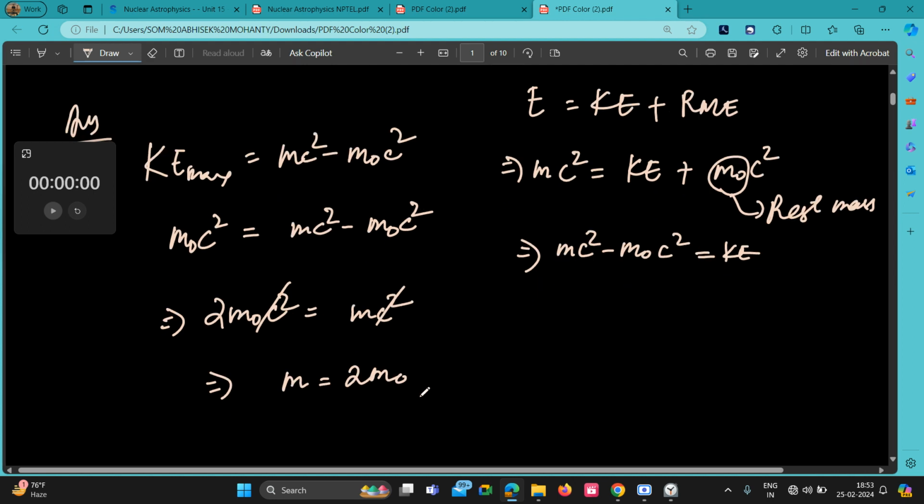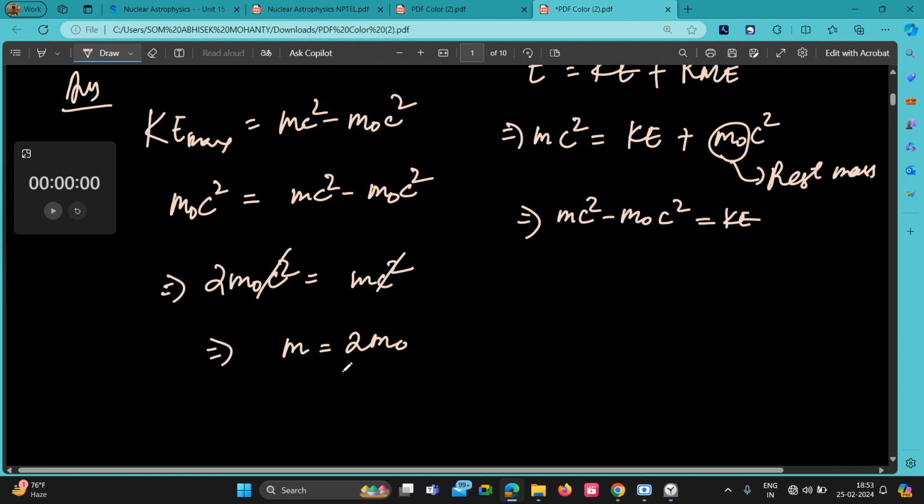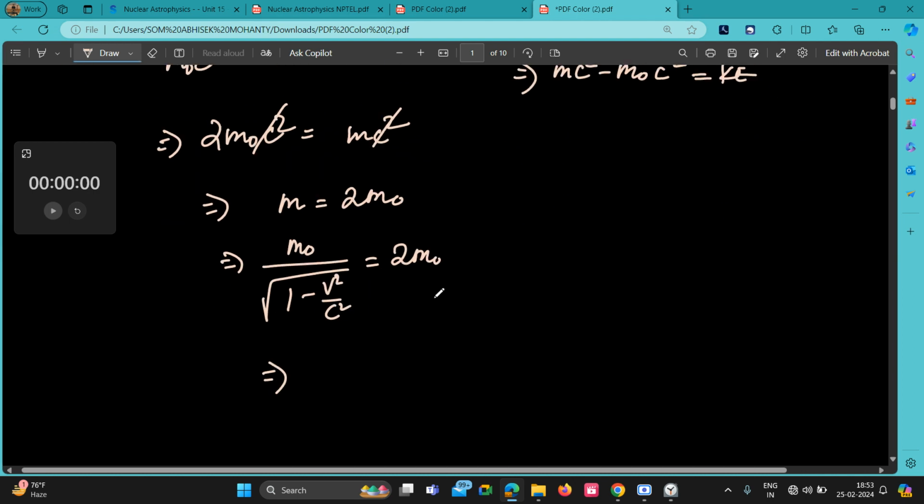Now what is the formula for m? We know m is m naught by root over of 1 minus v square by c square, equal to 2 m naught, right? So m naught will be cancelled out. So 1 divided by root over of 1 minus v square by c square is equal to 2.